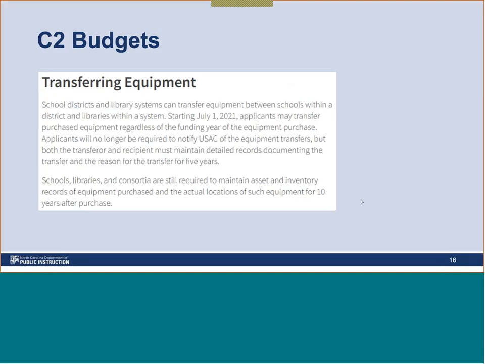So something now that's different that's come up with this second 5-year bucket, so to speak, this 5-year budget, is the transferring of equipment. Because in the last order, your budget was based on each school. So if you had 10 schools in the district, each school had its own budget.